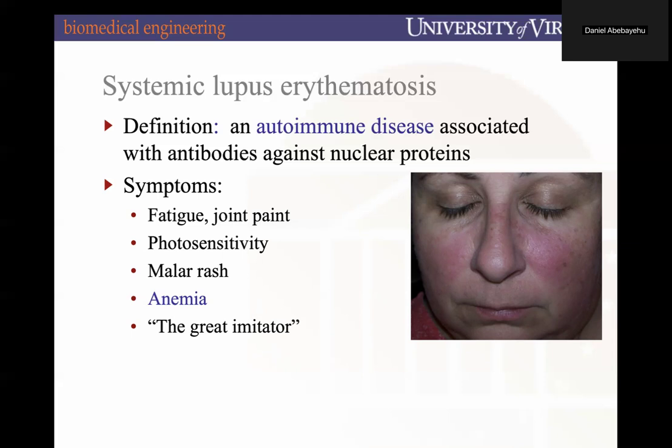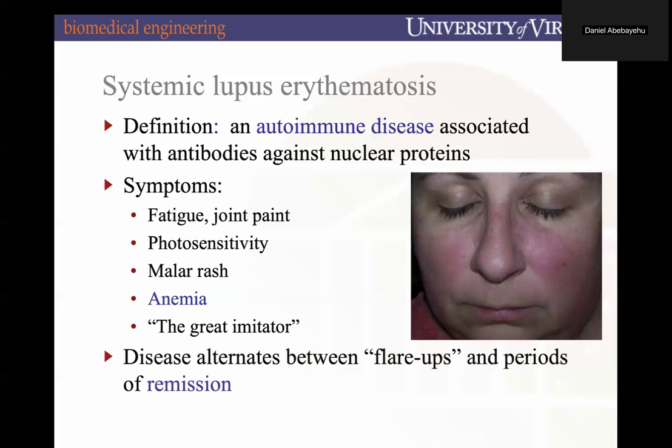Patients can present with lupus nephritis, where they have inflammation of their kidneys, and so their disease can progress to a point where they go into kidney failure. But there's lots of diseases that can present with some of these symptoms, and that's why lupus is sometimes categorized as the great imitator, because it can be hard to diagnose until these autoantibodies, the antibodies against nuclear proteins, are identified with a blood test.